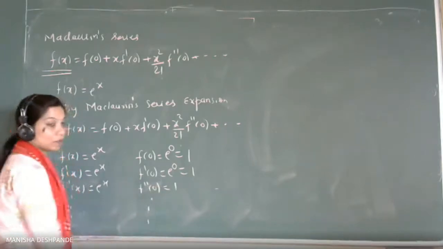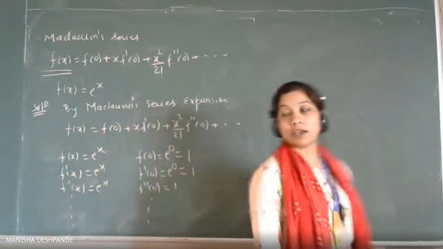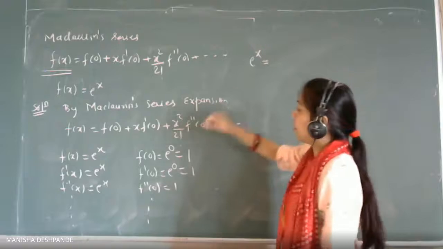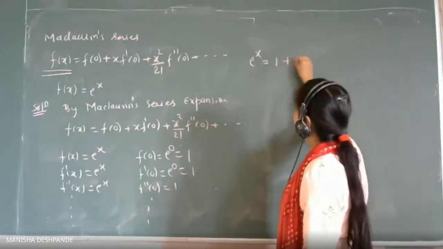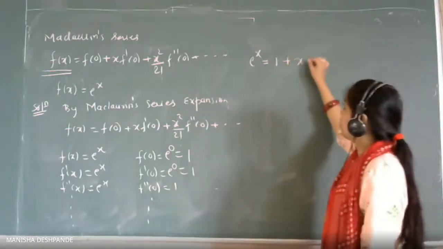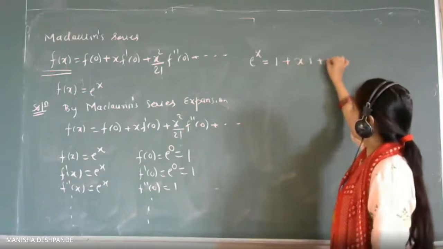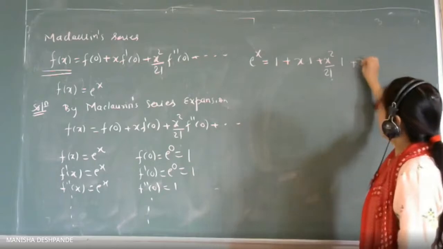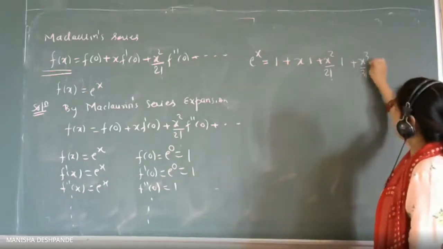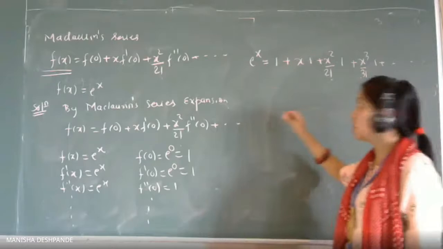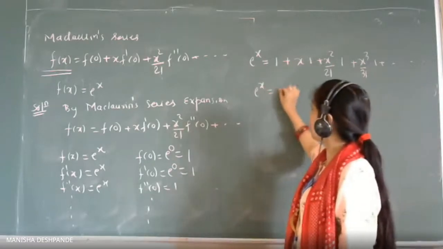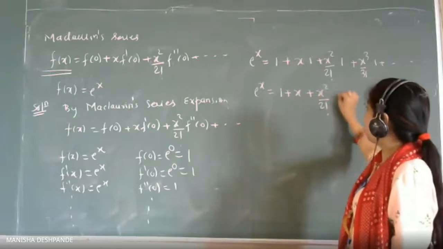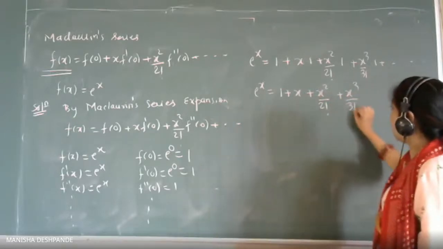So all the derivatives are 1, and therefore what will be the expansion of e raised to x? e raised to x will be f of 0 is 1 plus f dash of 0 is again 1, so x into 1 plus x square by 2 factorial into 1 plus x cube by 3 factorial into 1 plus dot dot dot. So your answer is e raised to x is equal to 1 plus x plus x square by 2 factorial plus x cube by 3 factorial plus dot dot dot.